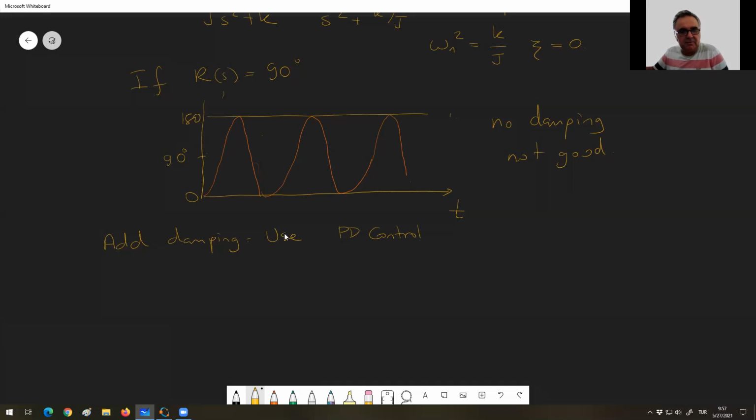Proportional and derivative control. This is proportional, and this D is derivative. So the C of S now is Kp plus Kd times S. The S term corresponds to derivative, as you might remember.